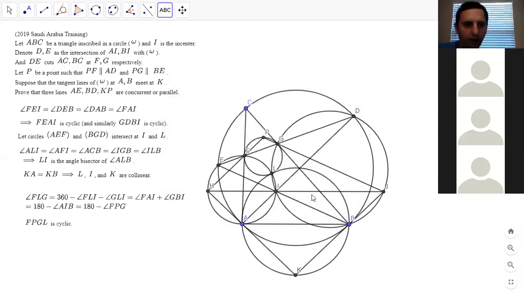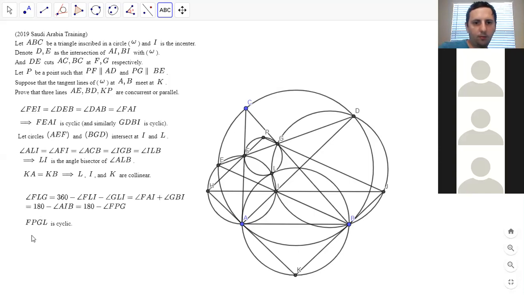And then once we know that, we can use an angle chase to show that PL and I are collinear. Because angle PLG, we could try to show angle PLG is equal to angle GBI, because PLG is PFG, which is IDE.